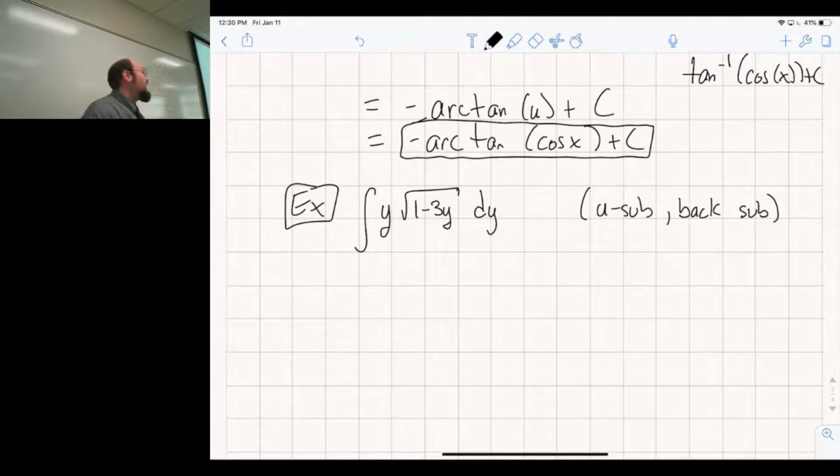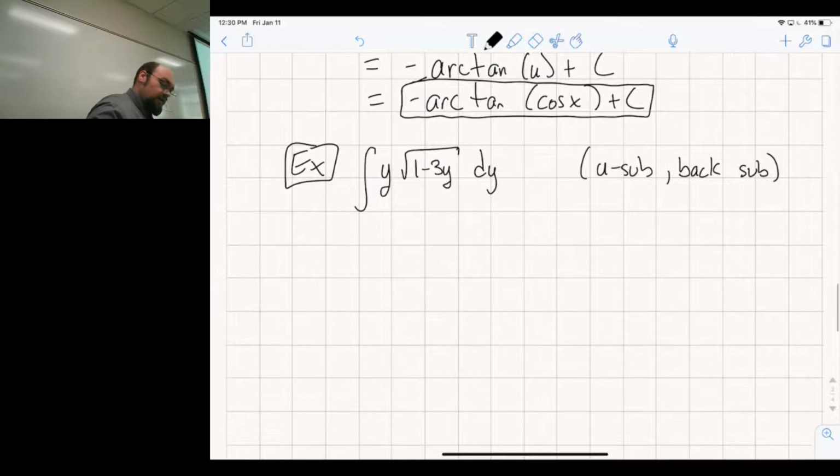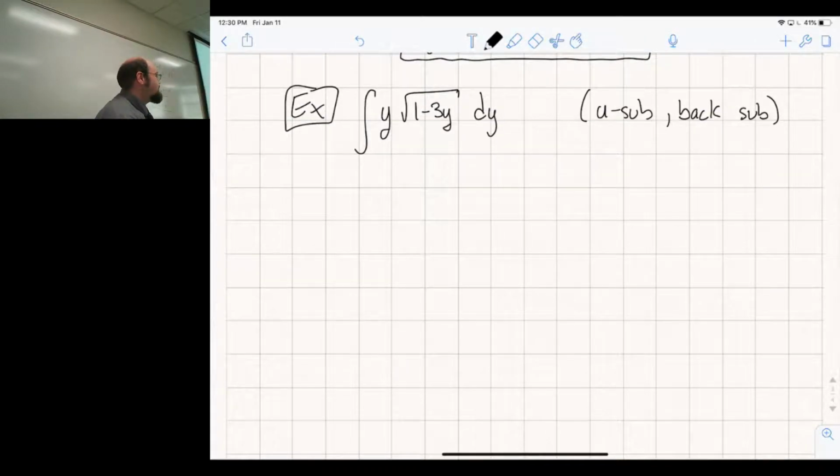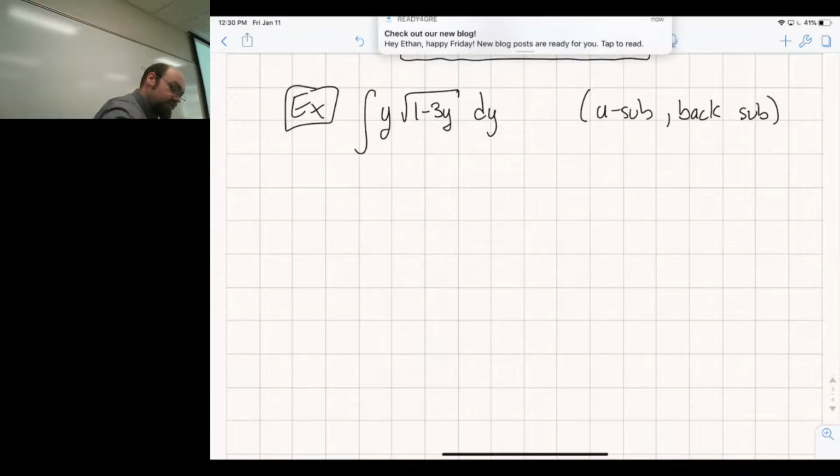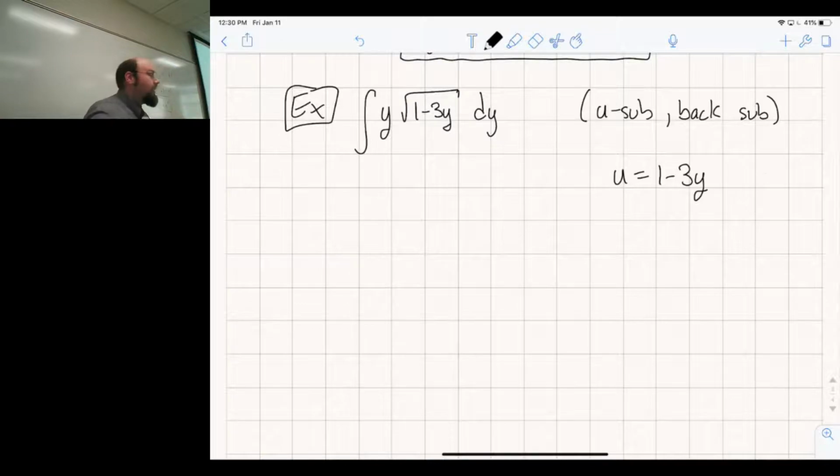That's what they were called when I learned them. You're still going to do a U substitution, but then you're going to sub that back in and end up solving another problem almost entirely. I'm just going to tell you the best U to pick, and it's the one under the radical. If you see something like this, the best one to pick is the something under the radical. So in this case, pick U to be 1 minus 3y.